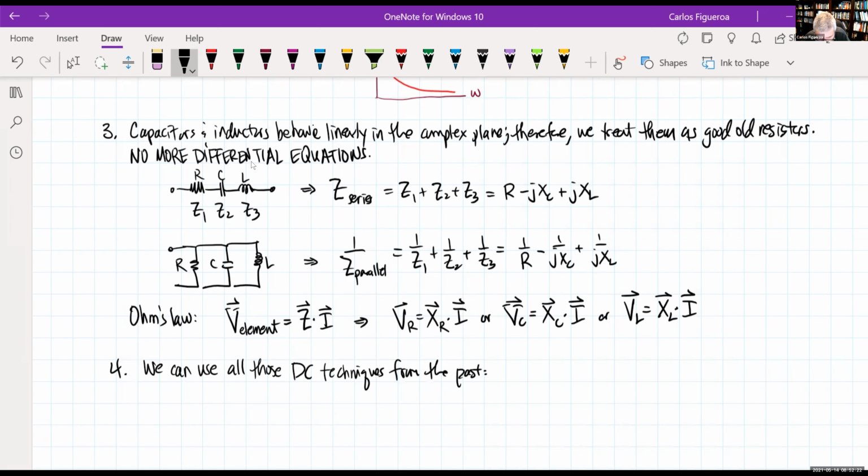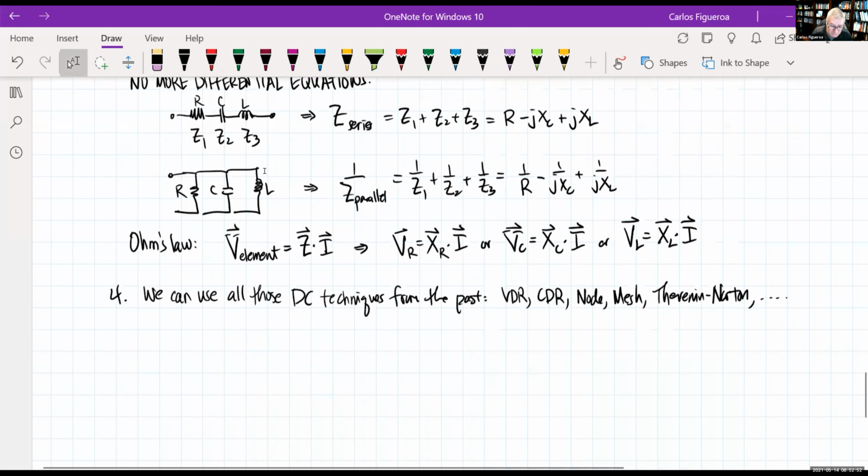That means I could always use KVL, but really it's about VDR, CDR, node, mesh, Thevenin, Norton, or anything else there.